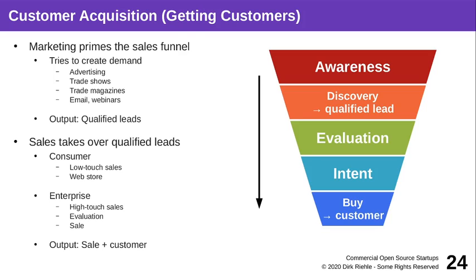But still, many things can go wrong. Still, the price could be too high. Still, some key feature could be missing. Or maybe they just don't like you or your company, or you have the wrong partners or the wrong reputation, whatever. Things can still go wrong. Even if after evaluation there's positive intent, it doesn't necessarily lead to a purchase decision.